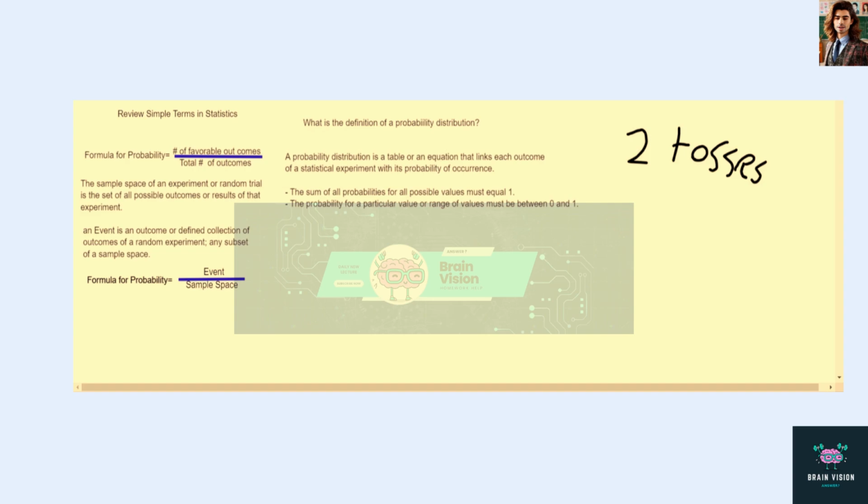Now, we're going to be looking for the number of tails obtained. We're going to define that as x.